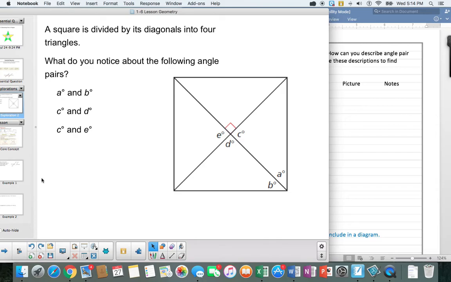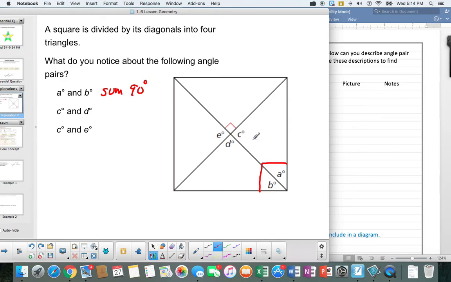Let's take a look at this square, and there's some diagonals, and it divides it into four triangles. What do you notice about the following angle pairs? We know something about a square, and that is that it's made of right angles. If we use the angle addition postulate, little plus little equals big, we can see that the sum is 90 degrees.